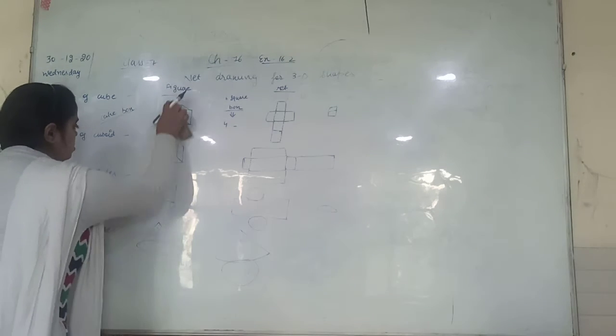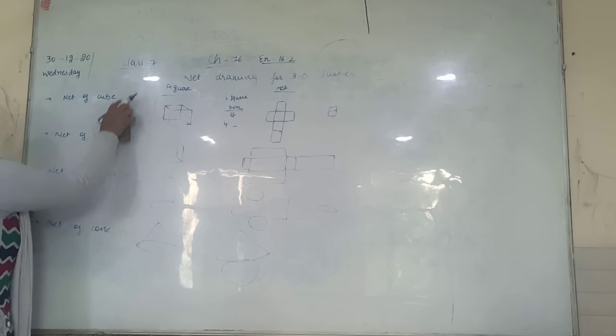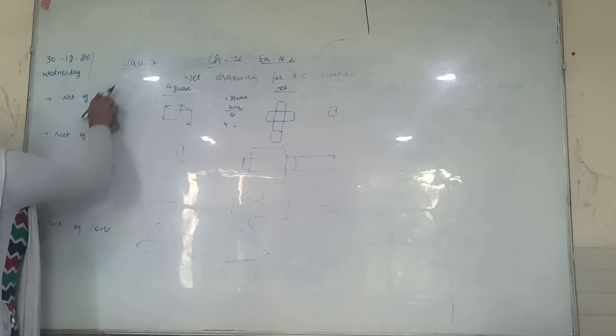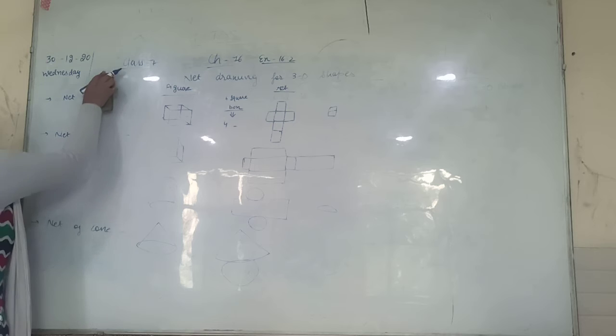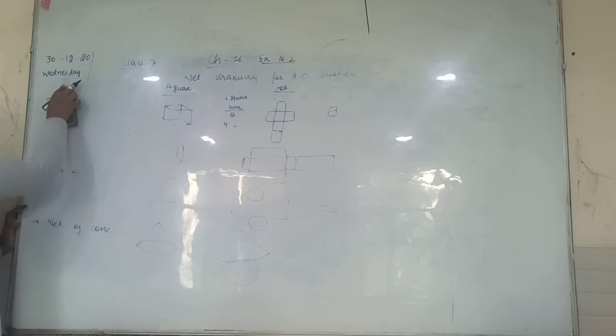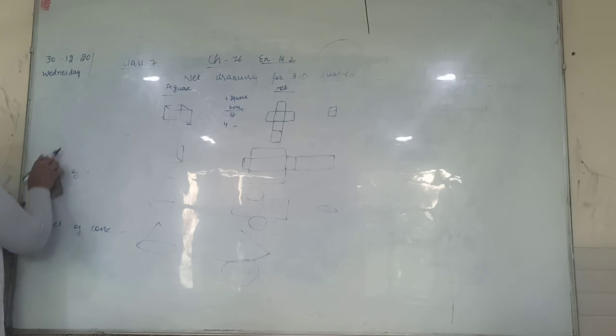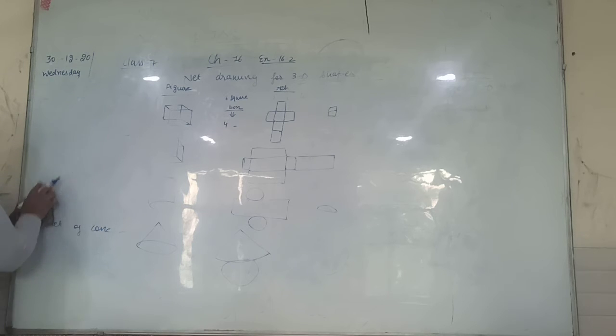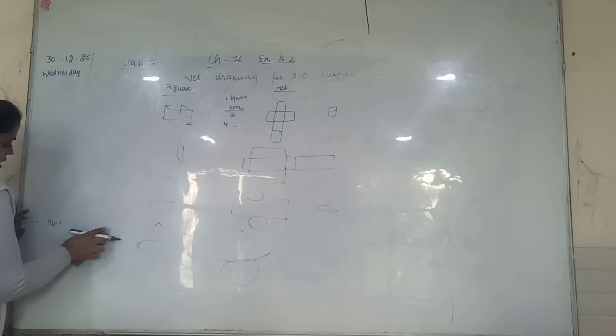See, pyramids are also like your triangle, but pyramids have height. You have seen some movies. I don't remember the name of the movie, but there are so many pyramids shown in that movie.